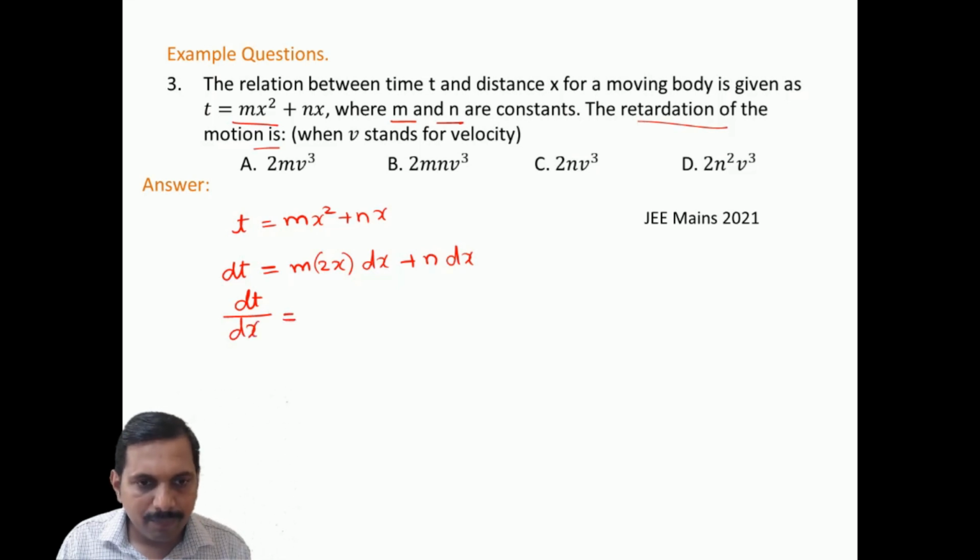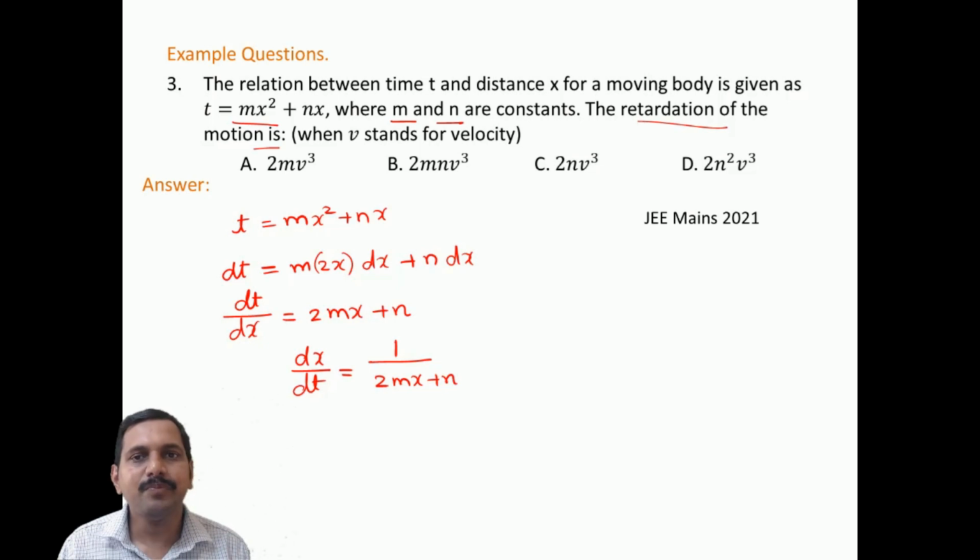This will become 2mx plus n. What is this? This is dt by dx. If I want dx by dt, which is the velocity, this is given as 1 by 2mx plus n. Right. So now let us continue further.